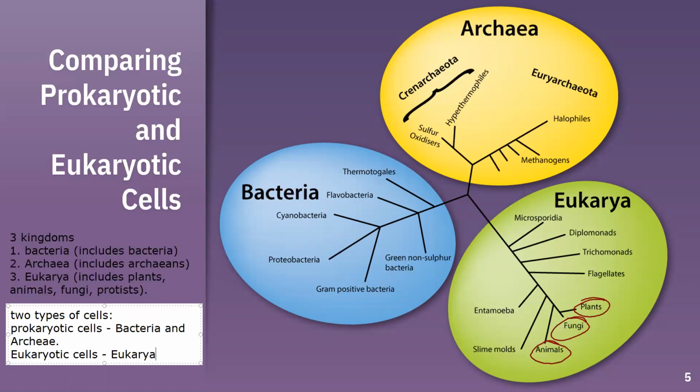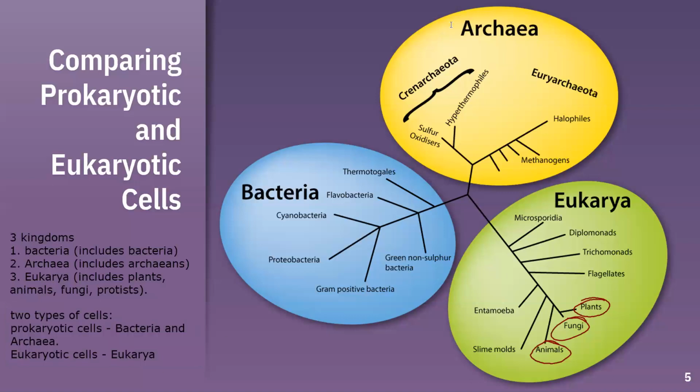So all the organisms in the kingdoms bacteria and archaea, oh, I spelled archaea wrong. I thought that looked wrong. All the organisms in bacteria and archaea are considered prokaryotic. All the organisms in eukarya are eukaryotic. They have eukaryotic cells.